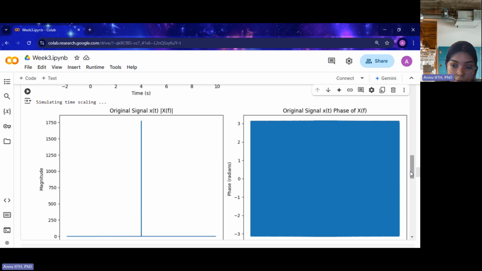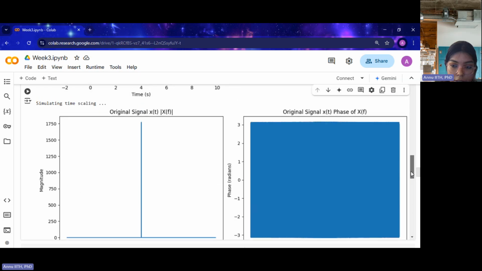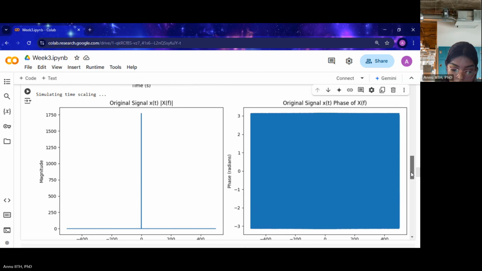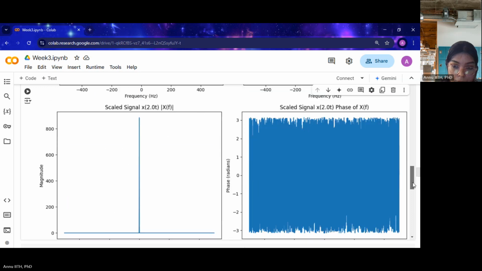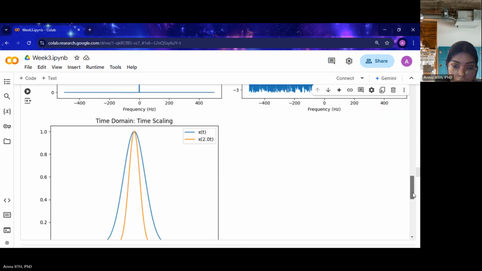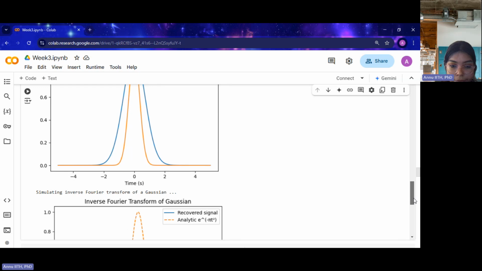Original signal, phase of X(f), scaled to x(2t), phase of X(f), time scaling.